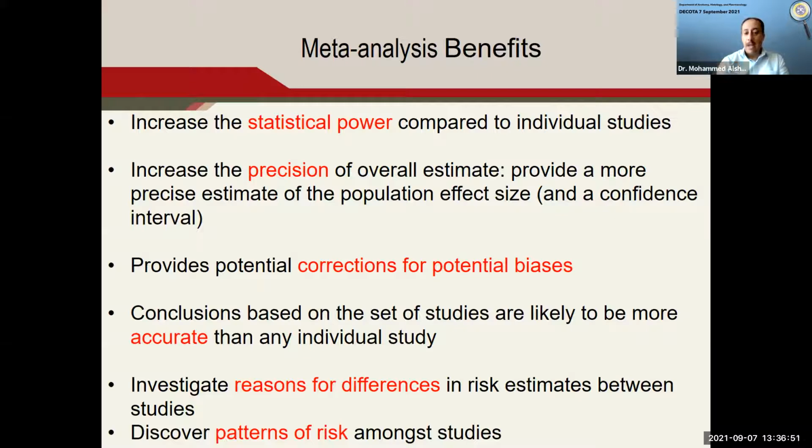Just enter the data, I'll show you, we'll do it together now, and it will compute and calculate the final effect size for you. So what's the benefit? It has higher statistical power, it increases the precision, it provides potential correction of bias because you exclude some of the studies that have bias. It's more accurate.